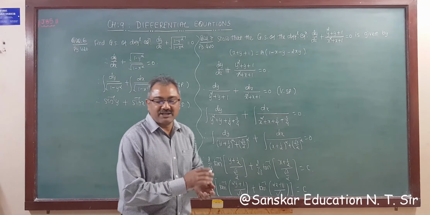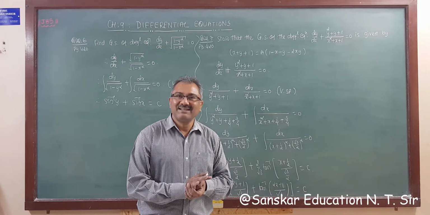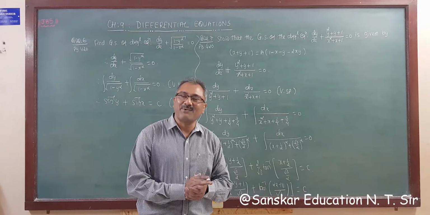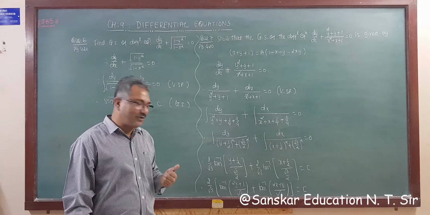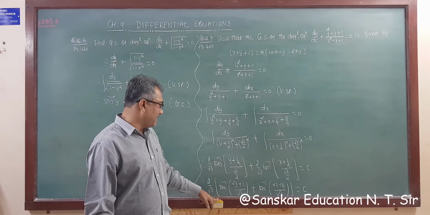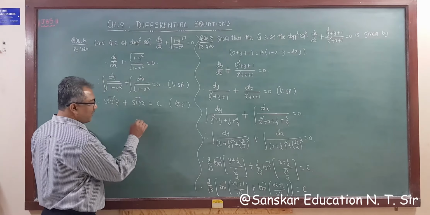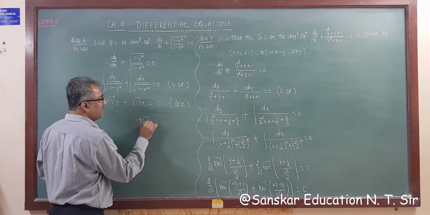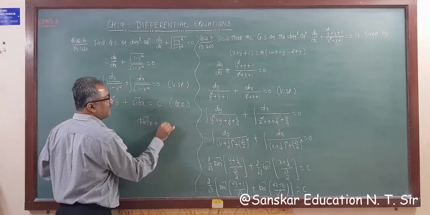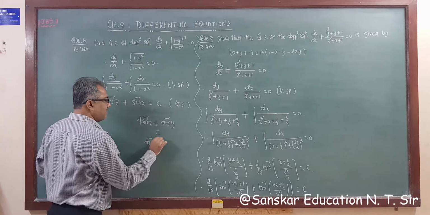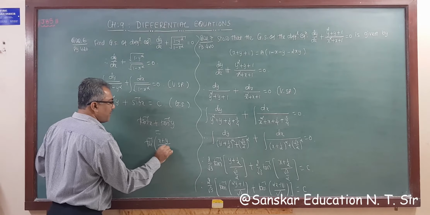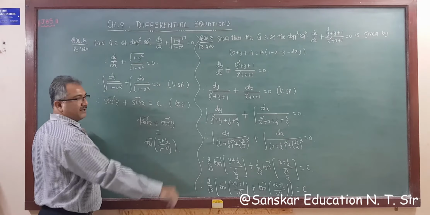The formula is tan inverse of (x + y)/(1 − xy), right? So applying that formula, we want to apply this formula: tan inverse x plus tan inverse y is equal to tan inverse (x + y)/(1 − xy), right?